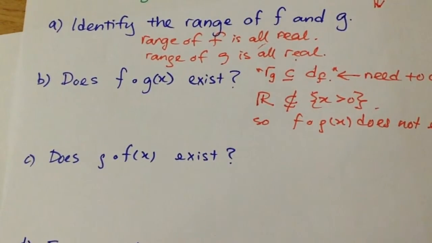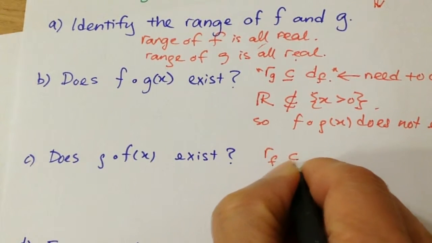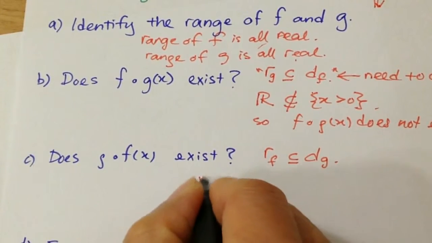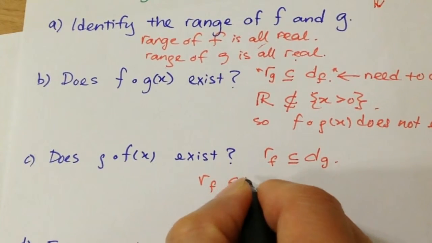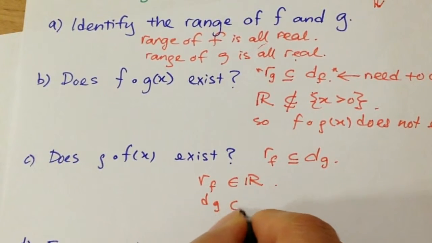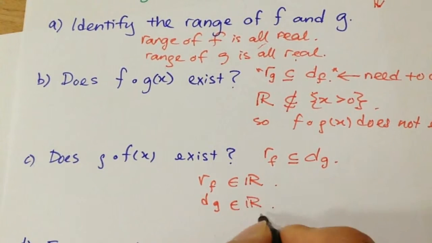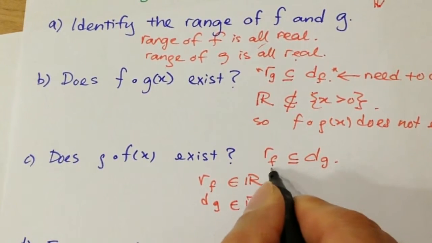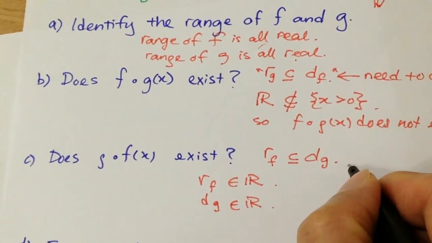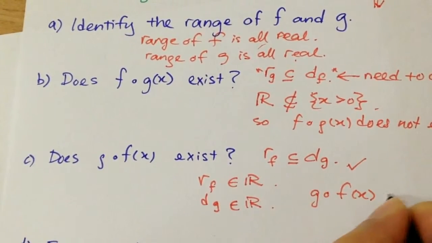Well, again we want to find whether the range of f is a subset of the domain of g. What we know is that the range of f is all real numbers, and the domain of g is also all real numbers. So in this case, they are the same size, which means the range of f is a subset of the domain of g. So this is okay. In this case, g of f exists.